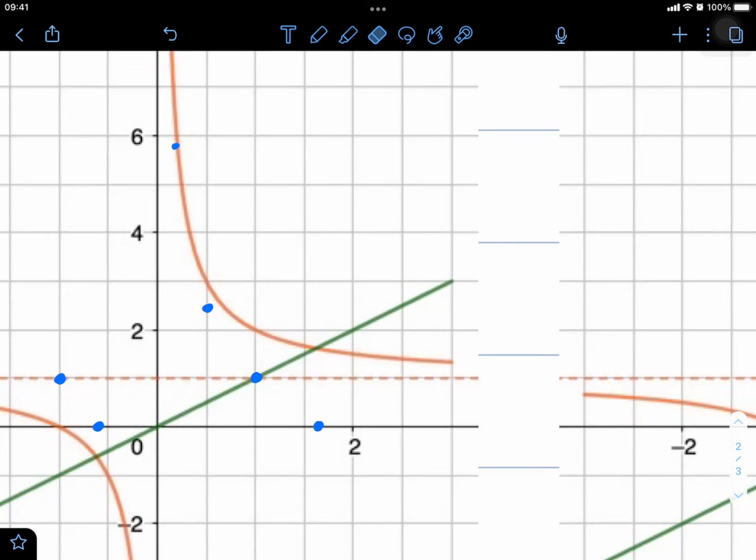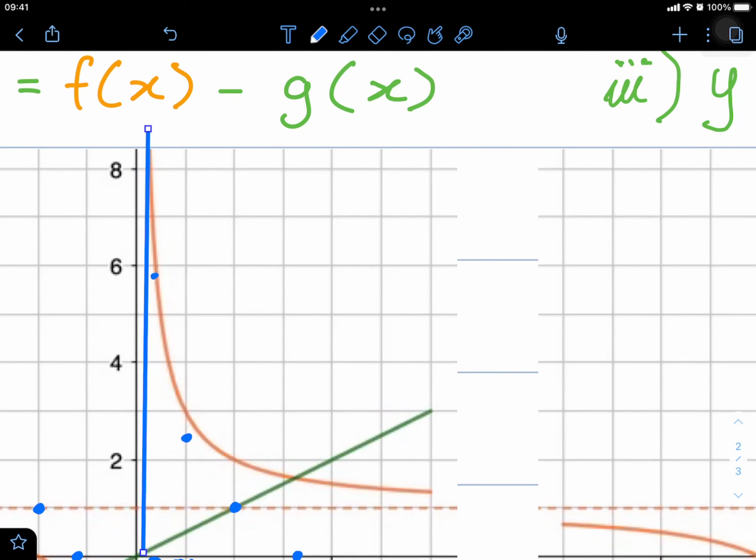Now I hope you can already see that as g is approaching 0, let's say we pick a very small number here. g at that point is 0.01. At that same point, f is equal to a very large number.